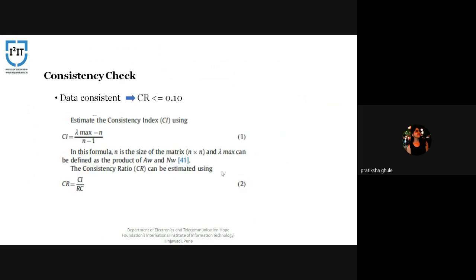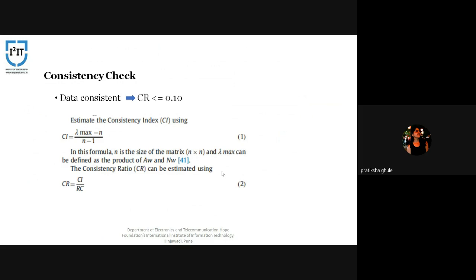Then here is the consistency check. We can see the different formulas: estimate the consistency index using lambda max minus n divided by n minus 1, and the other one is CR equal to CI by RI.